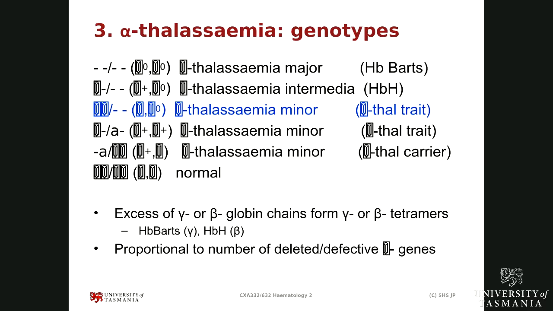But as you can see, if you have 2 people who have this particular genotype, with the alpha alpha and delete delete, if they have a child, then the chances of that child having alpha thalassemia major are 50%. And so it is quite important in these areas, if there is a thalassemia history within the family, for genetic counselling and genetic screening to be done if people are thinking of having children.